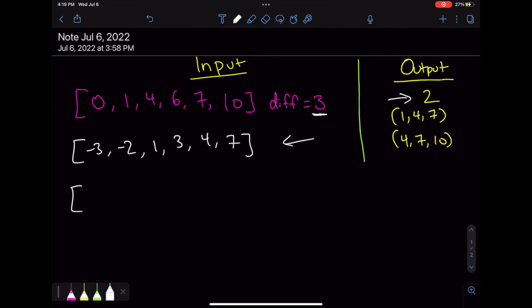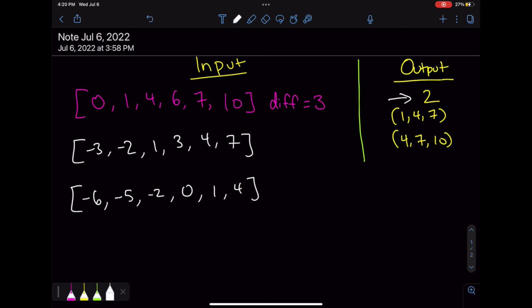So we'd have 0 minus 6, which is minus 6, 1 minus 6, which is minus 5, 4 minus 6, which is minus 2, 0, 1, and 4. Okay, great. So now we have all the differences of 3 and all the differences of 6 away from our original number.